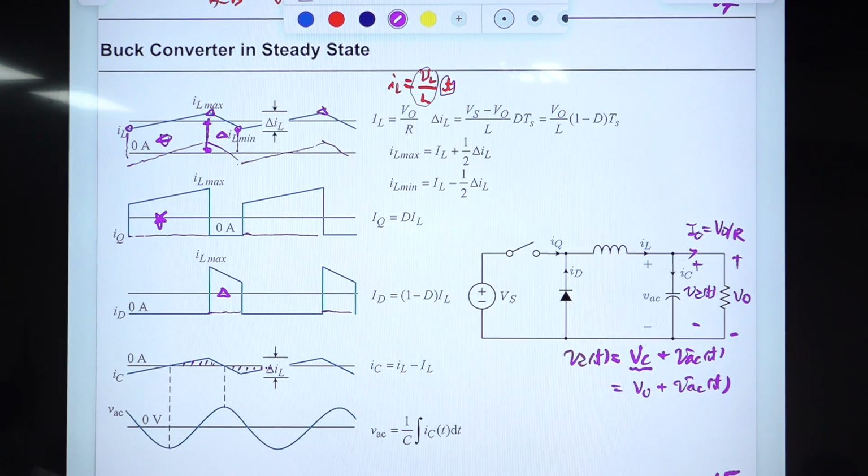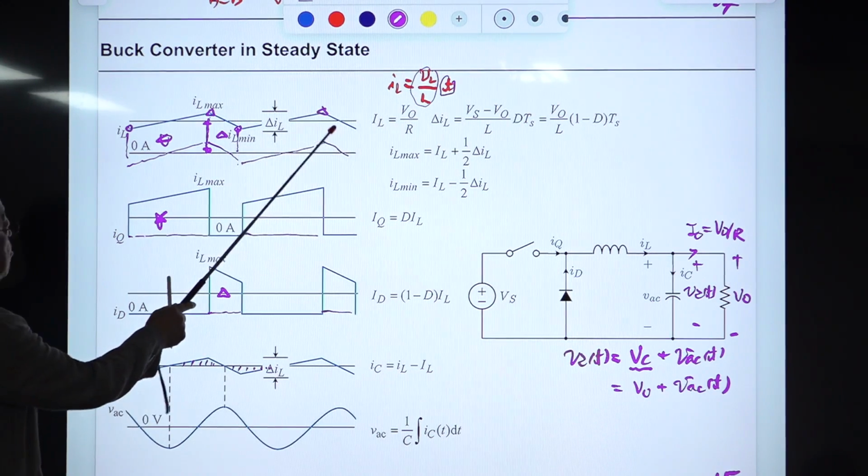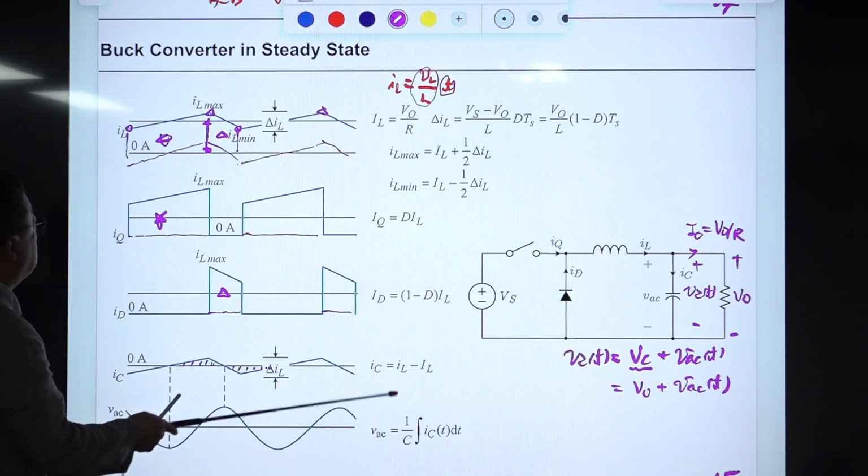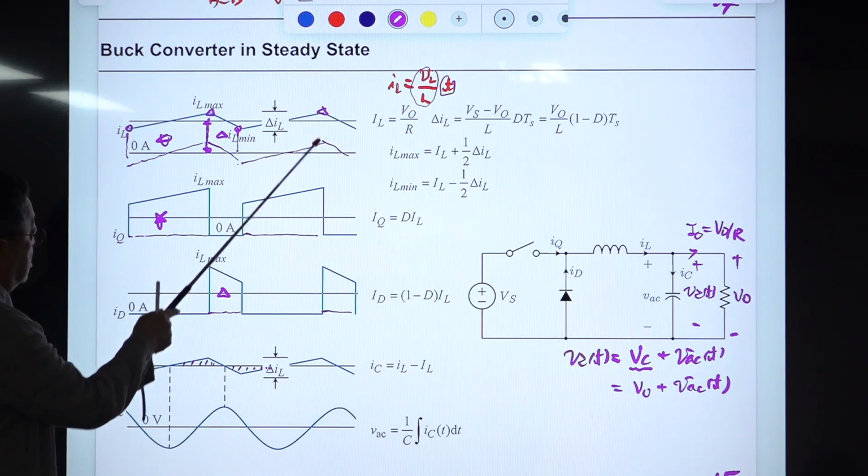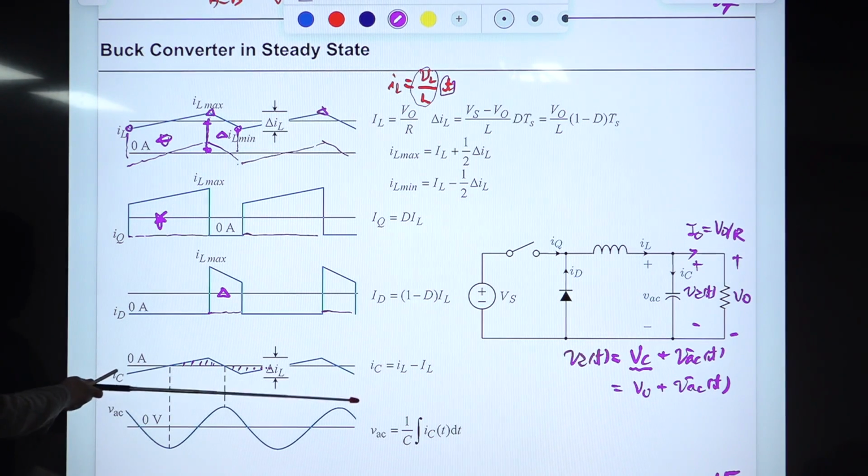All right. To avoid that tragic situation, the circuit is designed to meet this condition. So IC is IL minus large IL, so the inductor current minus the DC component of the inductor current. So this is the AC part of the inductor current.